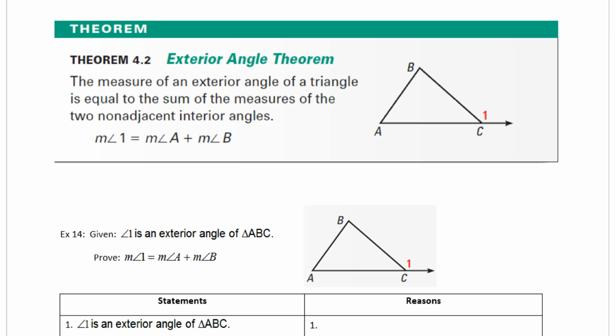It says the measure of an exterior angle of a triangle, so the exterior angle right here, is equal to the sum, so in your mind sum means add, of the measures of the two non-adjacent interior angles. Non-adjacent means not next to.